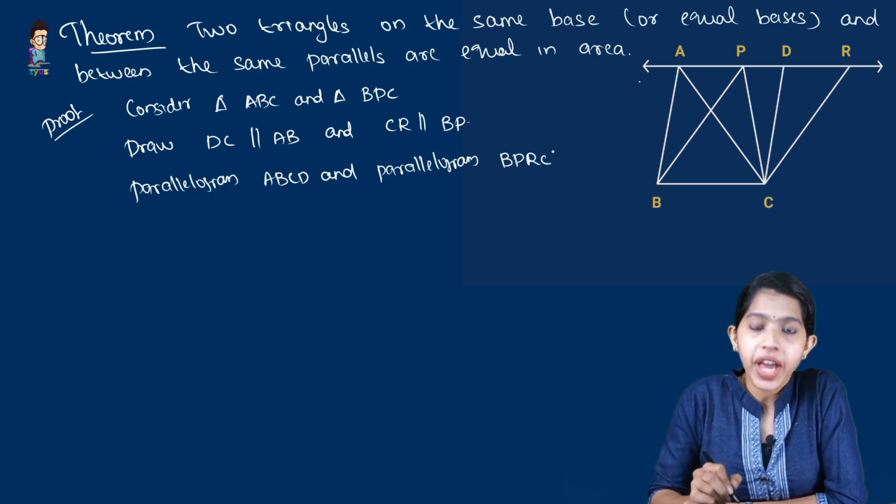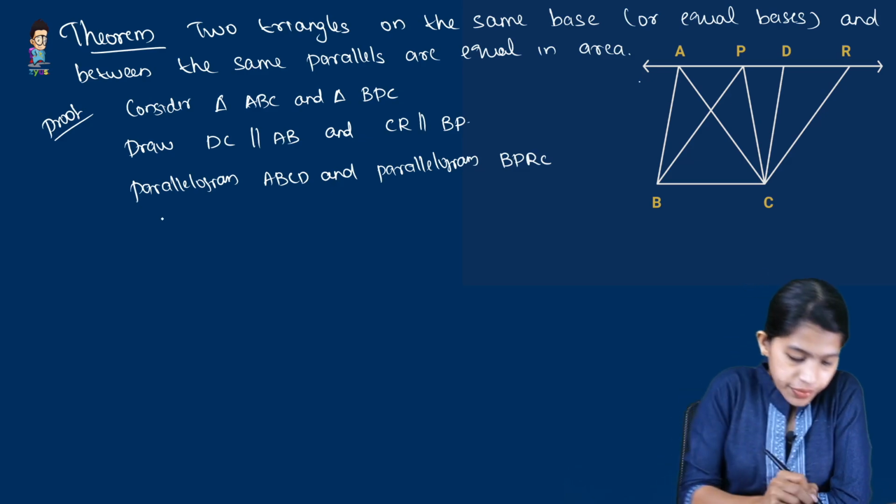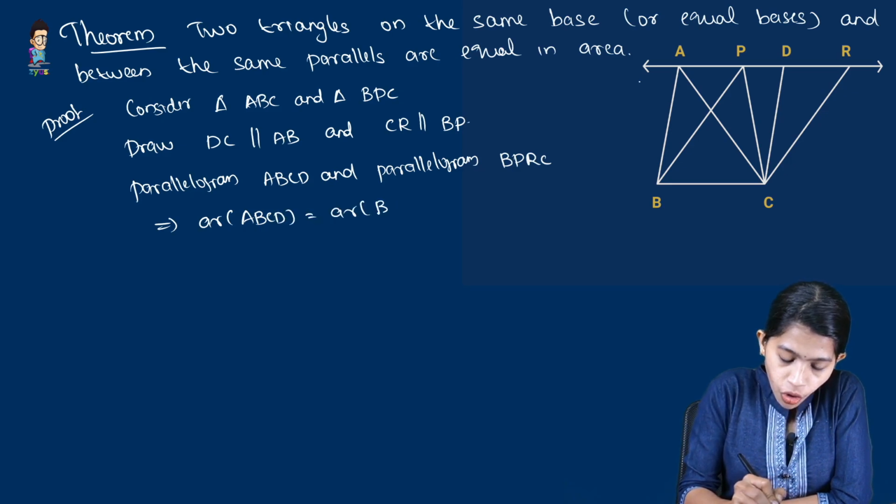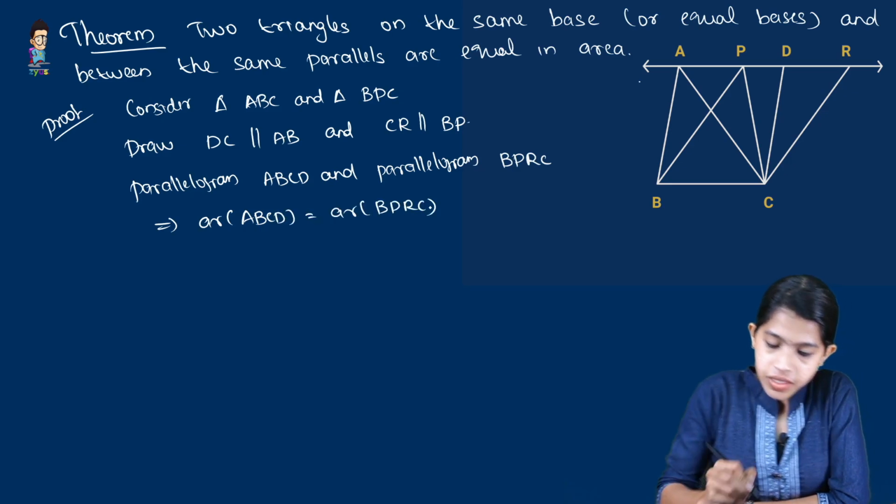Since these two parallelograms have the common base and lie between the same parallels, their area will be equal. That is, area of ABCD is equal to area of BPRC.